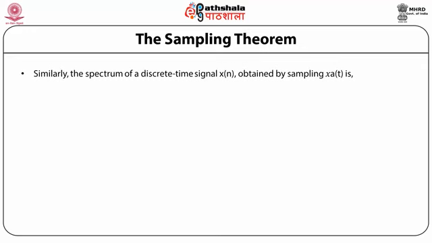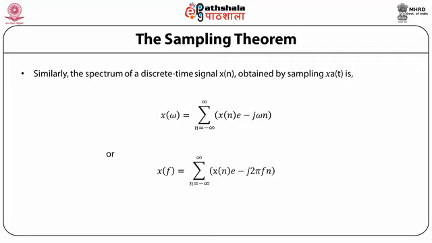Similarly, the spectrum of a discrete time signal x(n), which is obtained by sampling x_a(t), is X(omega) equal to summation n equal to minus infinity to infinity over x(n) exponential minus j omega n, or X(f) equal to summation n equal to minus infinity to infinity over x(n) exponential minus j2 pi fn.